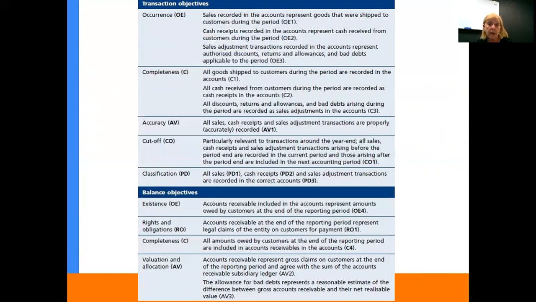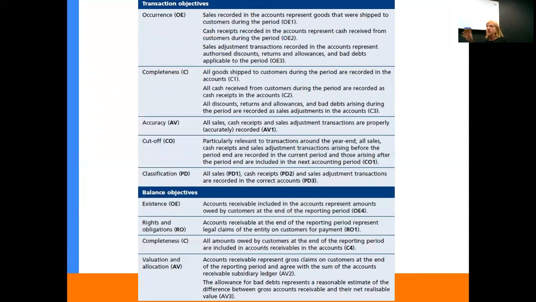Accuracy, we're looking at how the transactions are recorded. So we want to make sure that all of those transactions are properly or accurately recorded, that we haven't made mistakes in transposing numbers and putting the wrong details in. Cut-off, particularly relevant to transactions at the year end. All sales, receipts, etc. are recorded in the current period, and those arising after the period are included in the next accounting period.